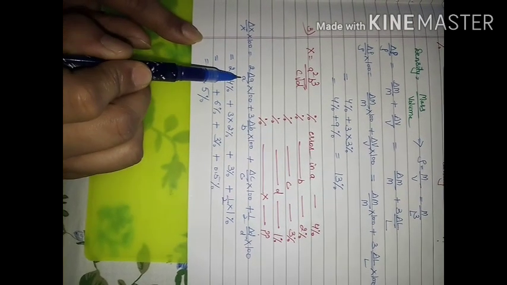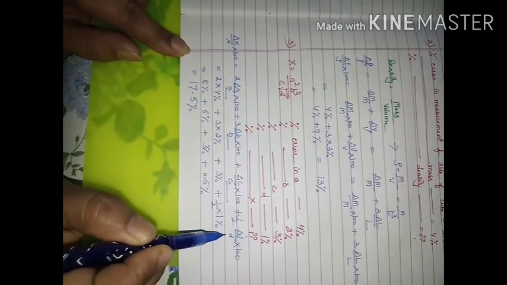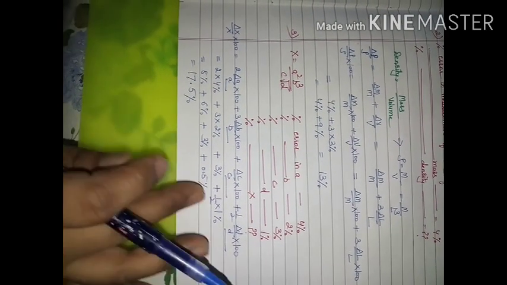Put in the values of percentage error of A, B, C, D and solve it. You will get 17.5%.